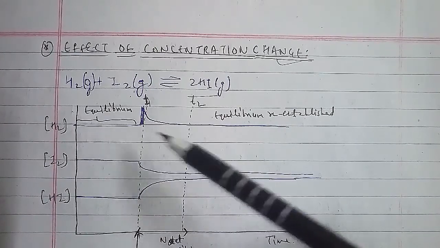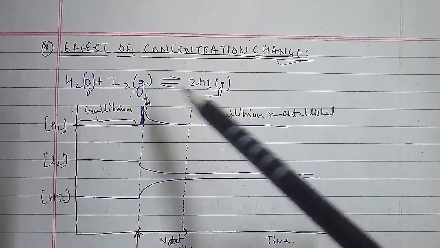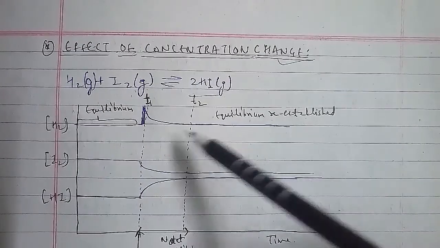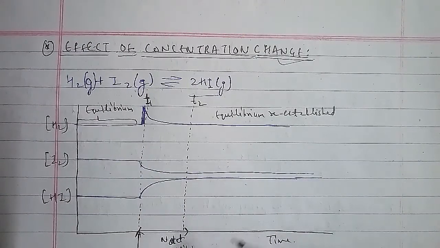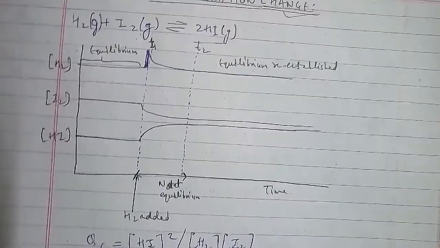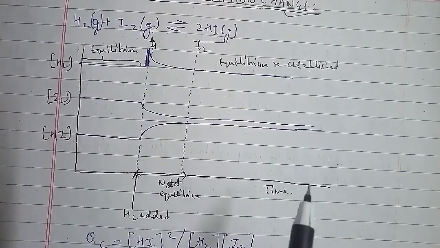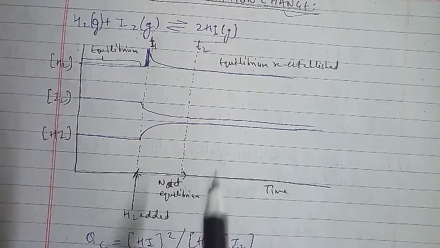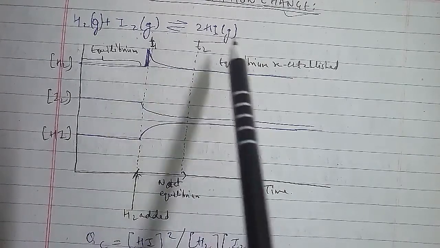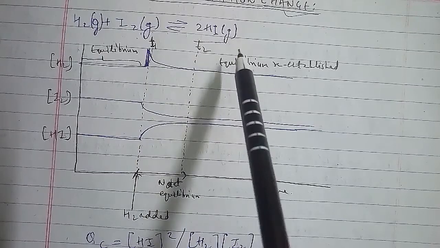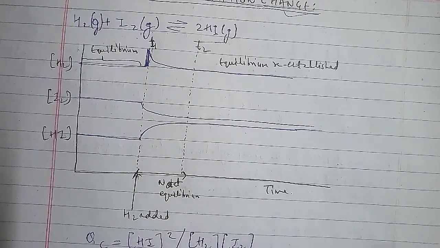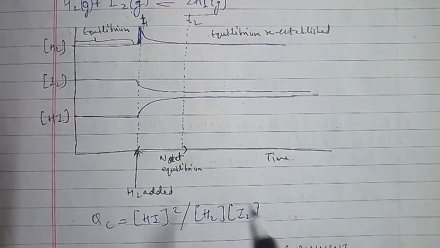As you can see here, this is a graph where it represents HI, H2, and I2. H2 is constant, this was the equilibrium state. It goes towards a time T1 at a high, and then after that it crosses to T2, and the equilibrium is re-established. It is not at equilibrium between T1 and T2.